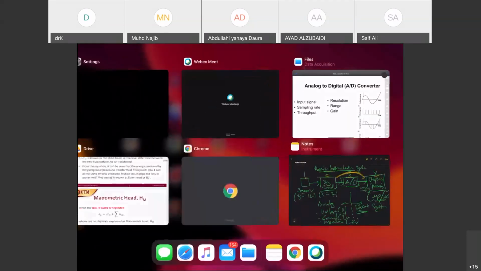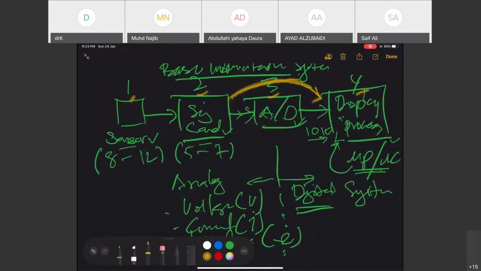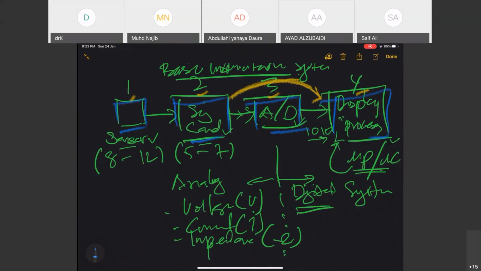So all I'm saying is that previously, of these 4 blocks, 1, 2, and 4 you have covered in the previous sections. If I were to ask you about sensors, you know what sensors you should be talking about.